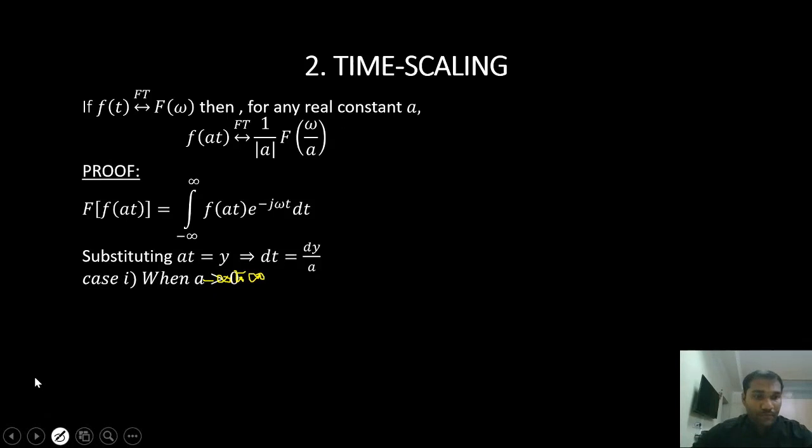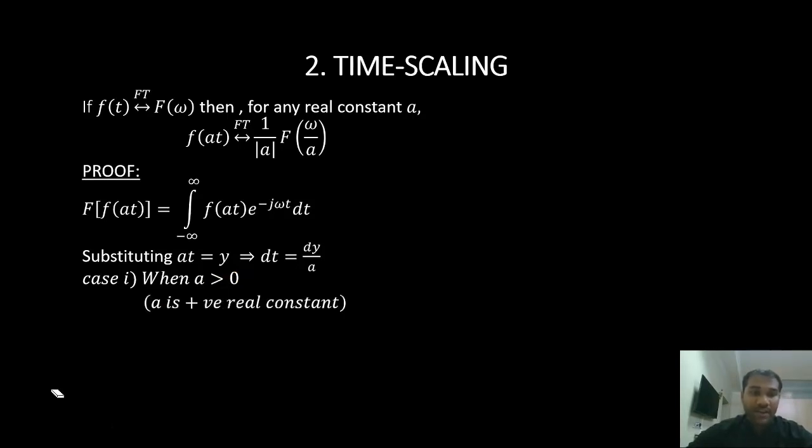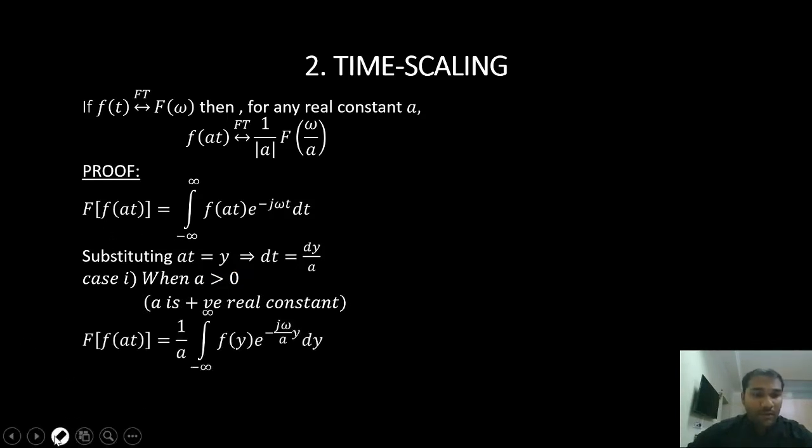Now we'll take the first case, when a is a positive real constant, a greater than 0. The Fourier transform of f(at) is equal to, in place of f(at), I substitute f(y), e^(-jω t) where t is y by a from here.